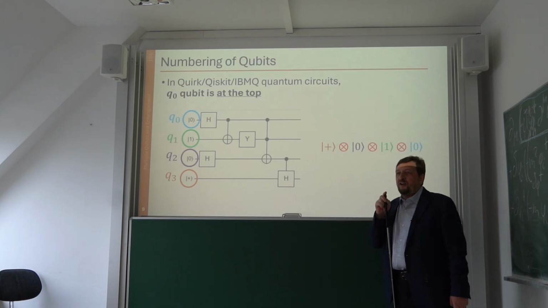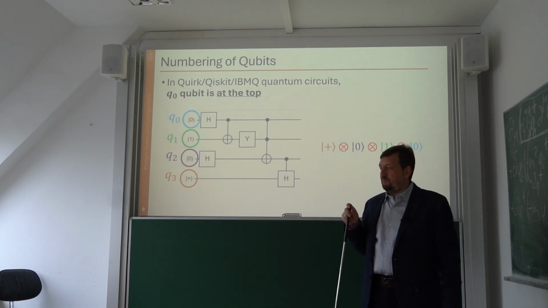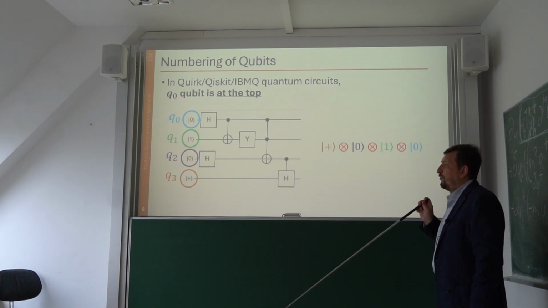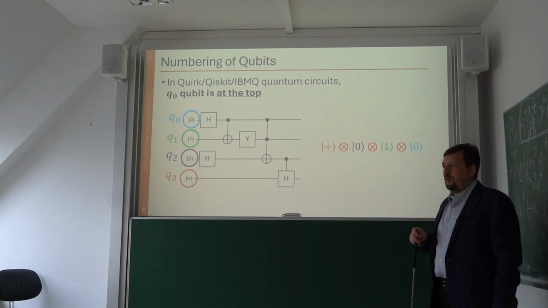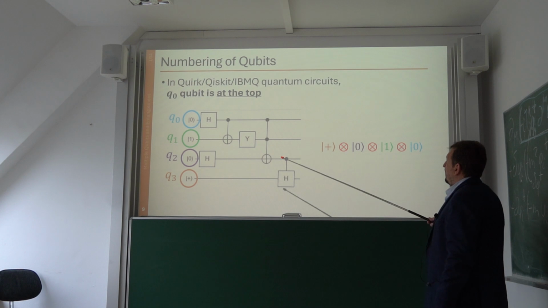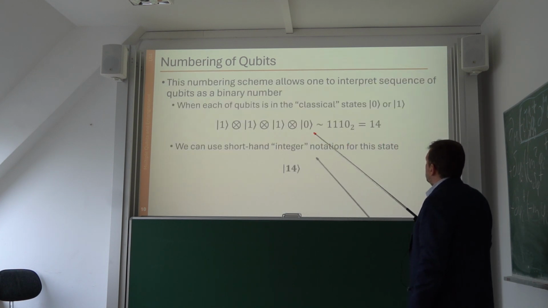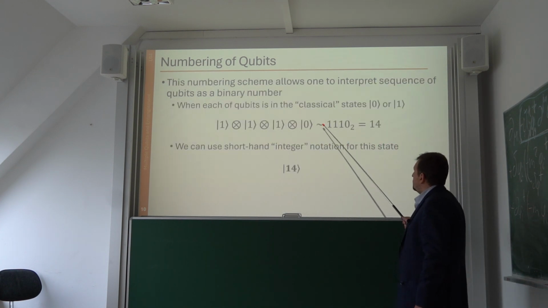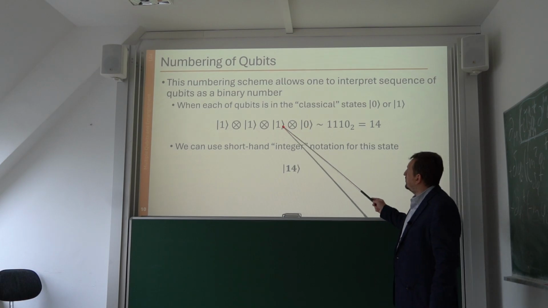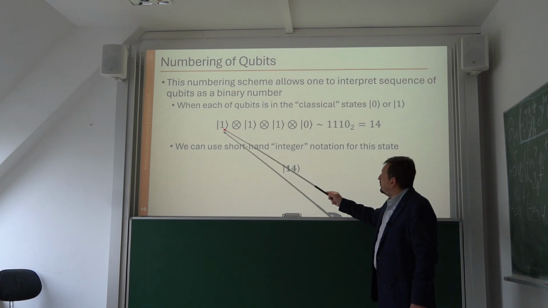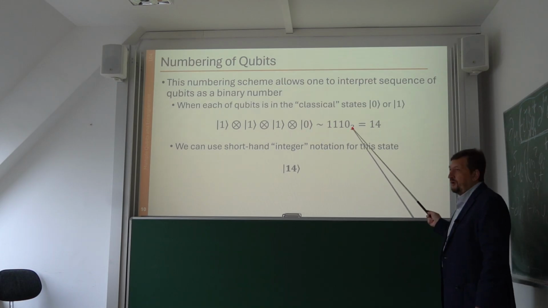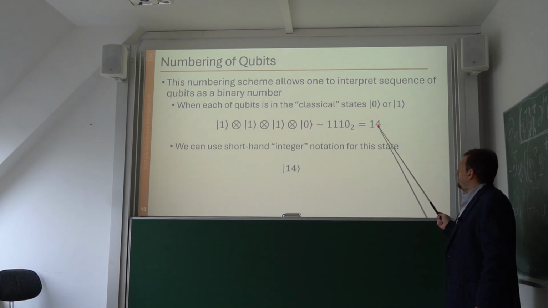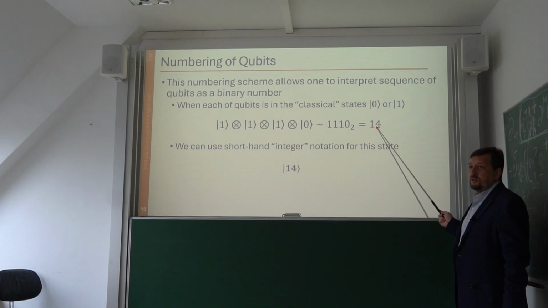This is actually very inconvenient if you work with it, but it's good from the point of view of algorithms and so on. So why do we use these notations? Because in these notations, if we say this is qubit 0, this is 1, this is 2, and so on, and we read this qubit state just as a binary number, we will get some integer.